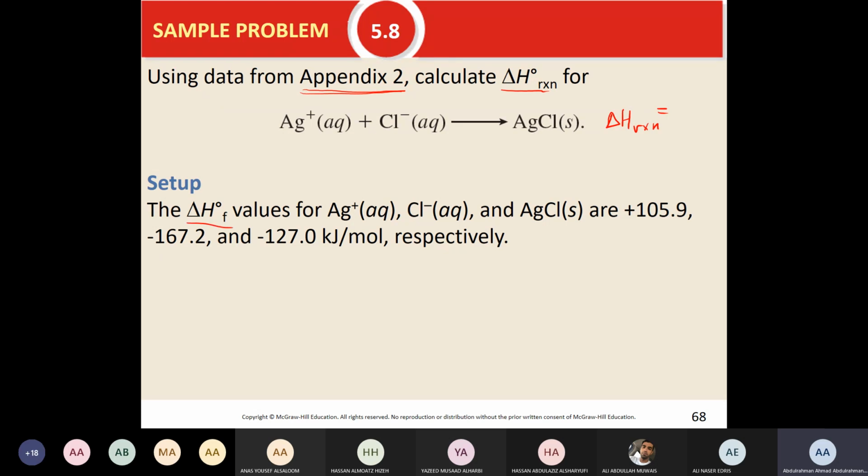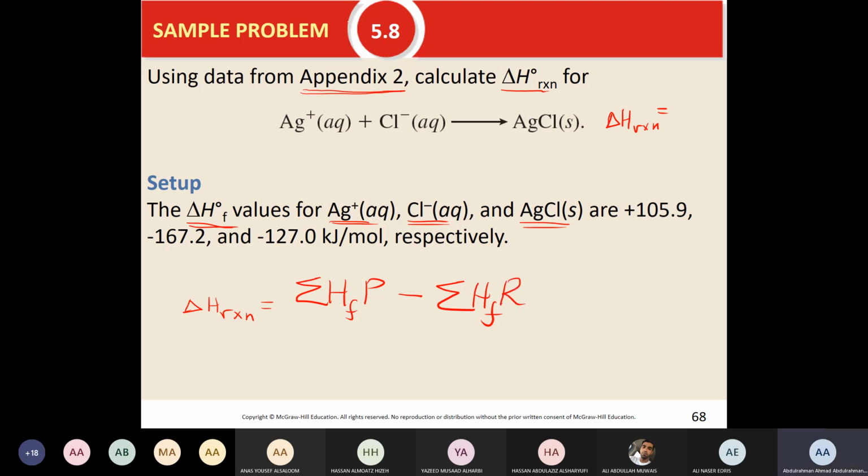What's this? This is the heat of formation of what? Ag plus, Cl minus, and AgCl. So how can I calculate it? Delta H reaction, don't forget, is equal to what? Summation of heat of formation of products minus summation of heat of formation of reactants.